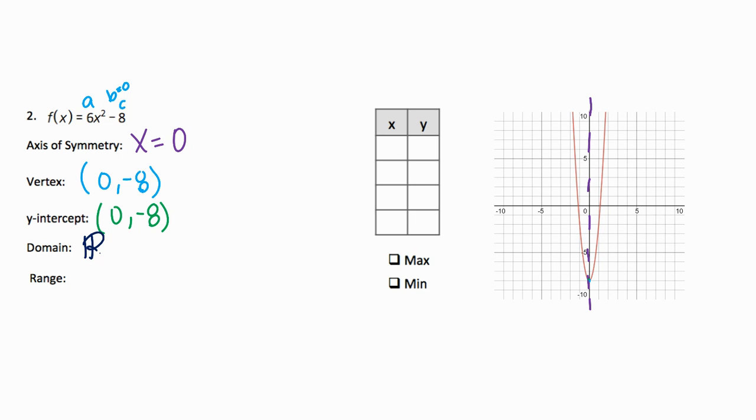Domain, all real numbers. And finally, range. This again is opening up, so we start with the y value of our vertex to infinity.